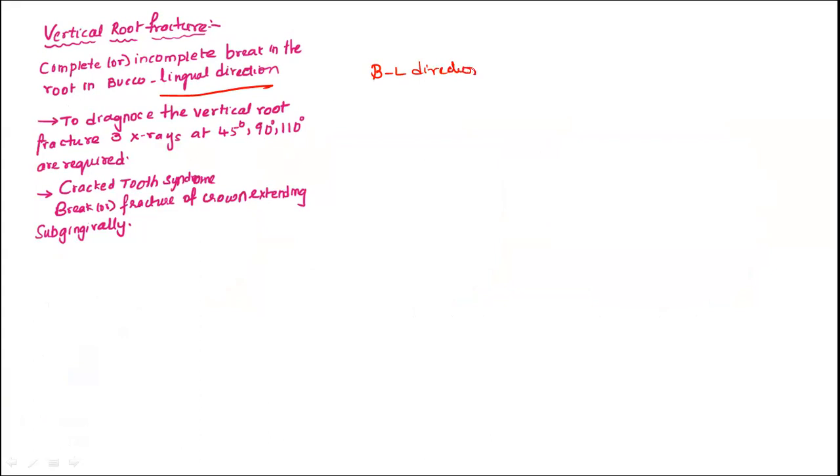Now what is the difference between vertical root fracture and cracked tooth syndrome is, for example, this is a tooth that has a minor fracture here.